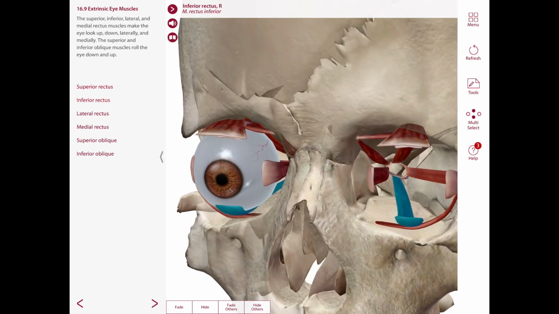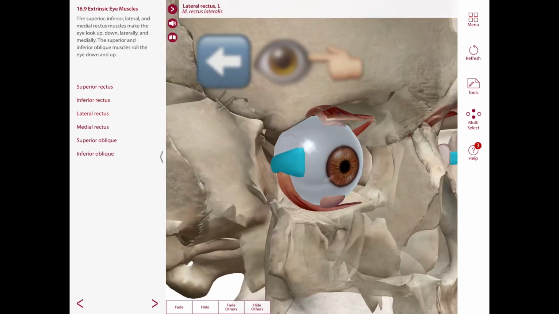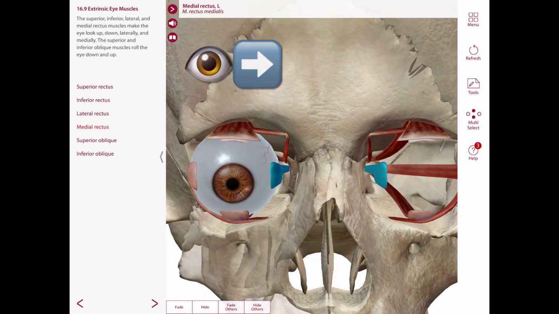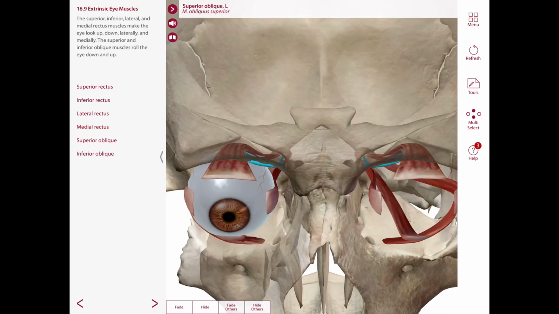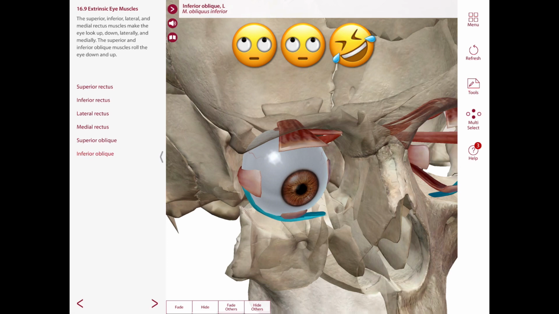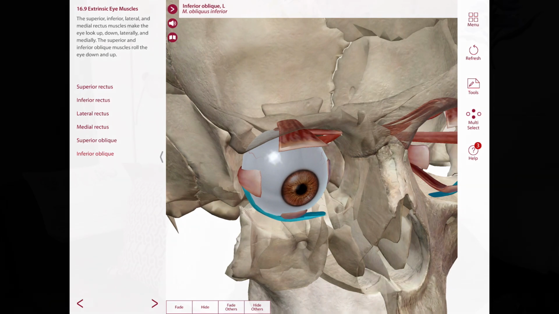Then we have the inferior rectus, which will move your eye down so that you can look down. The lateral rectus, which will make your eye move laterally so that you can look to the side. And the medial rectus, which will make your eye look medially. Then we have the superior and inferior oblique muscles, which roll the eye up and down, and they will do the opposite to what their name implies.